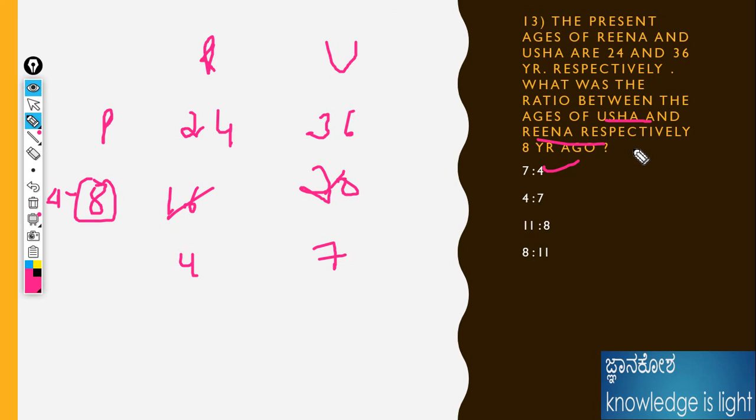That's why, while solving the problem, please carefully see what is being asked. Here, the ratio is asking about Usha first, not Reena. We got the answer for Reena is to Usha. Here the question is Usha is to Reena, therefore 7 is to 4. Observing this is a very important thing for solving any problem.